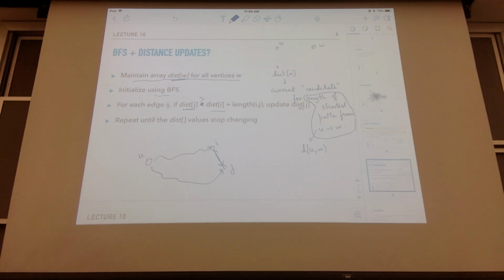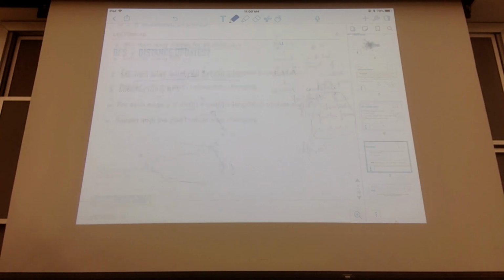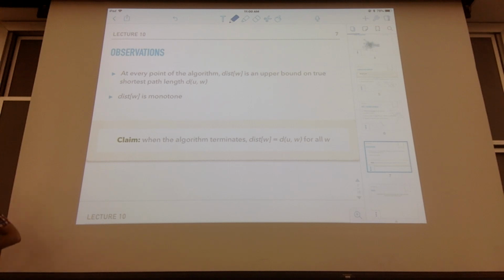So you can just think of this as you have some current paths in mind, and you're always trying to see if there are better paths. So that's that. Okay. And a couple of things to observe is that at every point, this dist value is an upper bound on the true shortest path length.